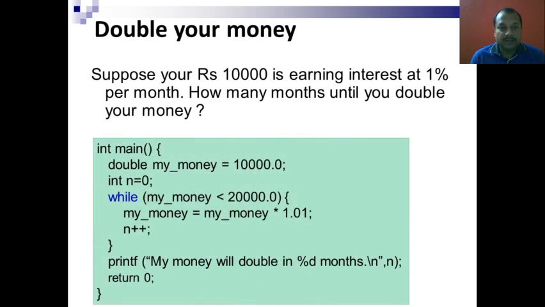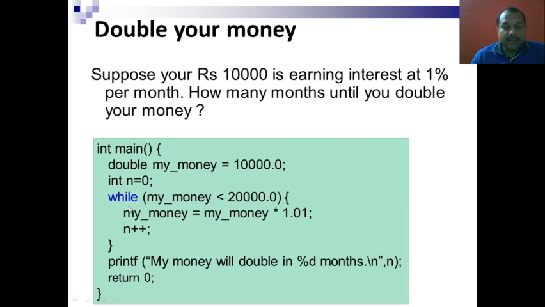So the entire program is like this. Initially you write double myMoney equals 10,000. Please note this double does not mean that you are doubling the money; this double is the data type double. Next, int n equals 0, that is going to be my loop counter.